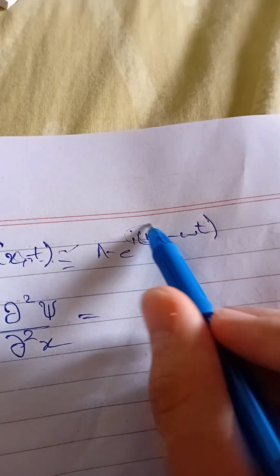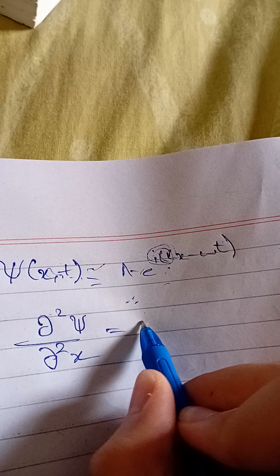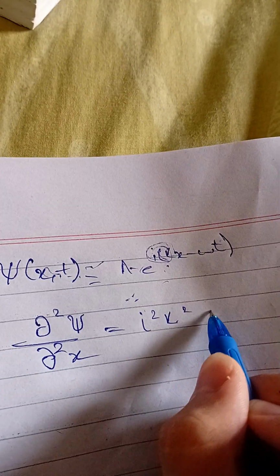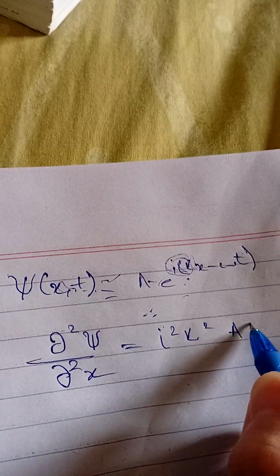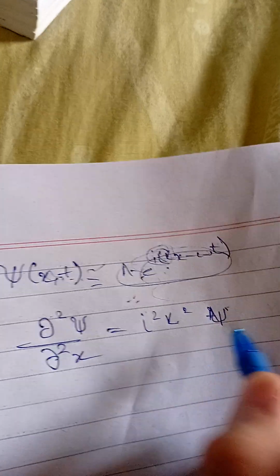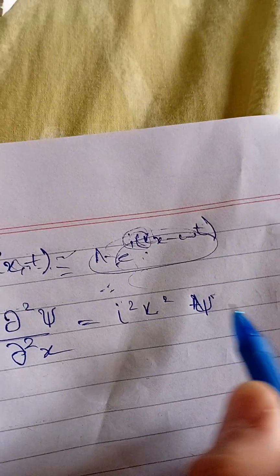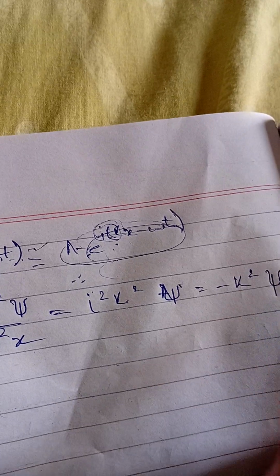We get i squared k squared, which is minus k squared times the wave function. Even if a is there, it doesn't really matter.